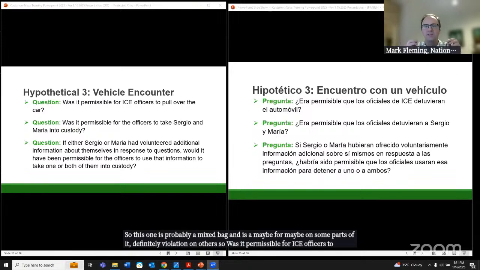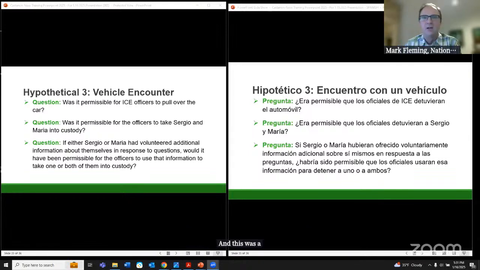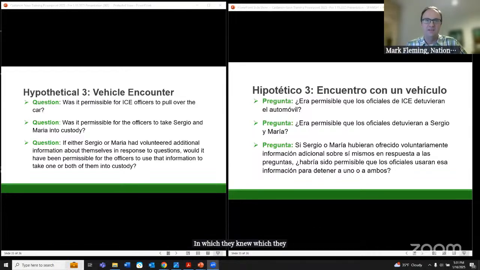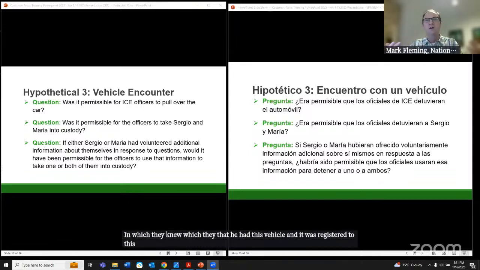So this is before they said it was for a tail light, and this was a little bit of a trick, but it's possible that they had an outstanding administrative warrant for removal of the owner of the car, Jorge, in which they knew that he had this vehicle and it was registered to this, and they may have seen Sergio, who's roughly the same age, enter the car.